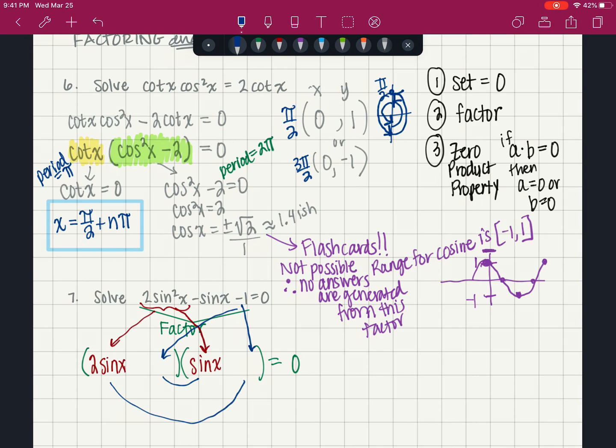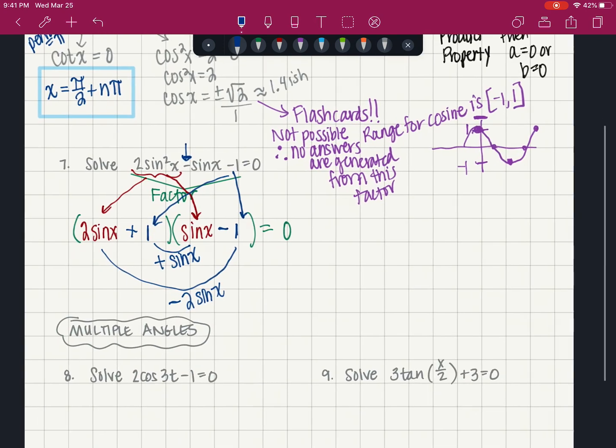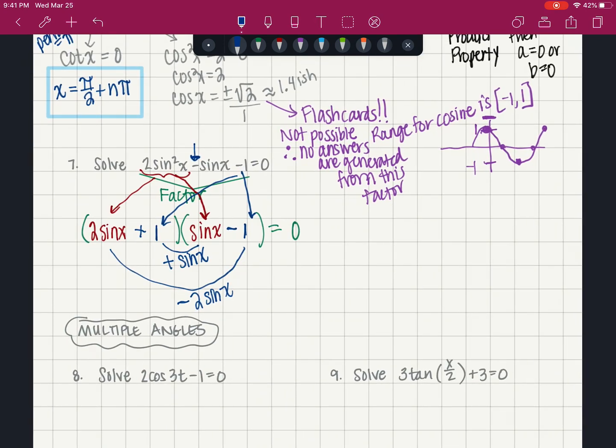One of them will be positive, one will be negative. So we're going to get a 2 sine of x and a sine of x. We want the result to be a negative sine of x. So we're going to have 2 sine of x plus 1 times sine of x minus 1 to give us the result that we want.